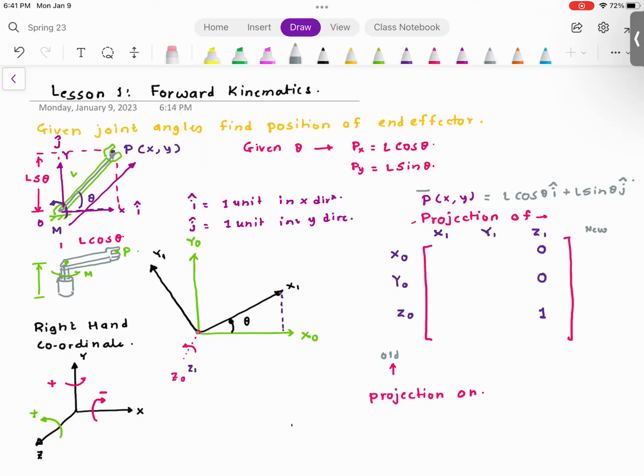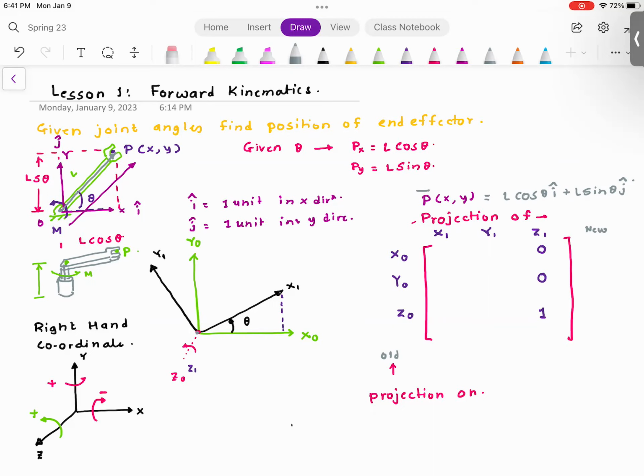Look at the diagram that I have drawn. If this distance for the time being is 1, it would be L cosine theta, which is 1 cosine theta. So do you agree with me that the projection of X1 on X0 is cosine theta, because L is 1.